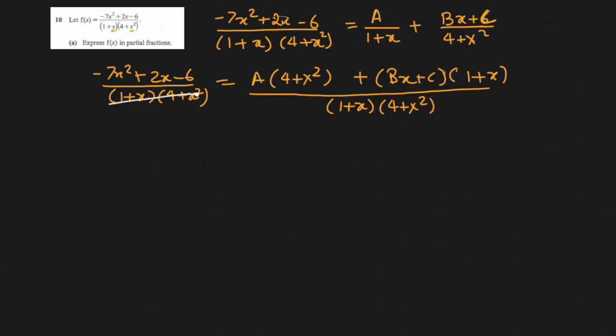Both sides have the same denominator. We can cancel these out, so we are left with only the numerators now.